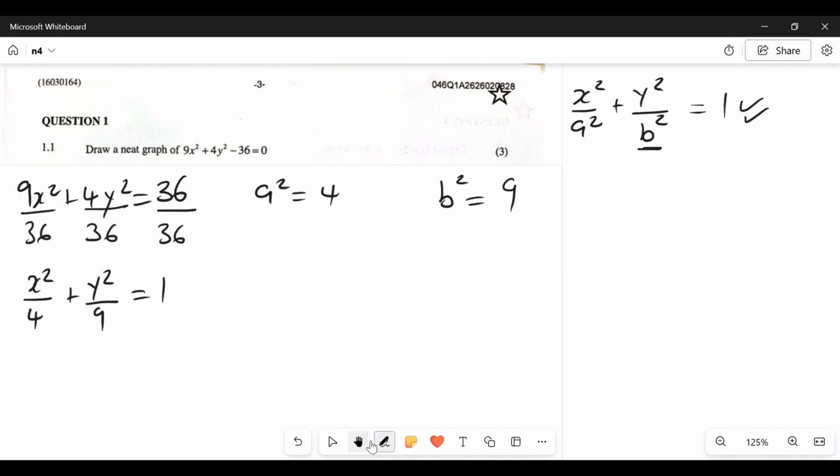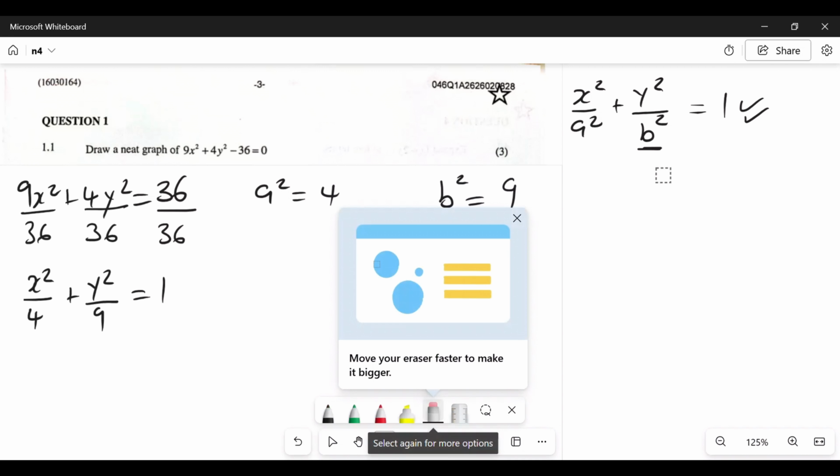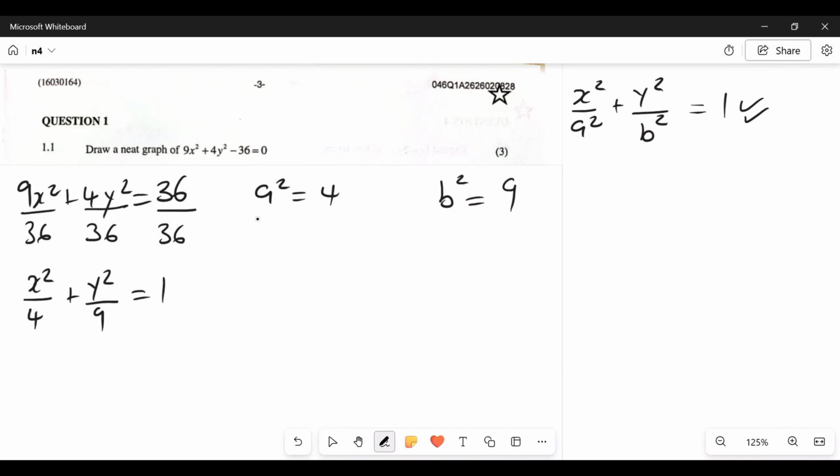Before we continue, you need to understand that a and b are actually the intercepts of x and y. a is the intercept of x and b is the intercept of y. So we have a squared and b squared. We need to find a and b. In order for us to find a and b, we need to square root both sides.